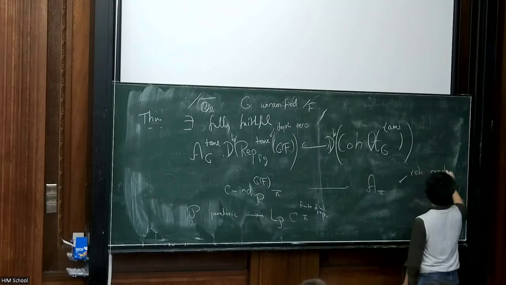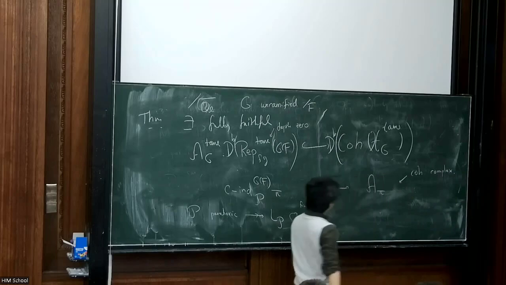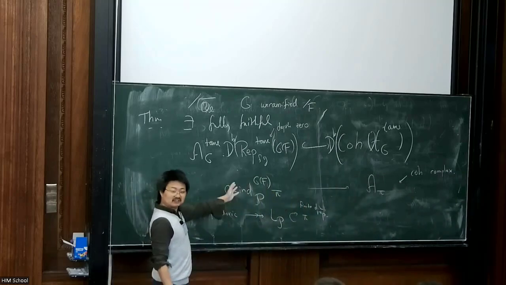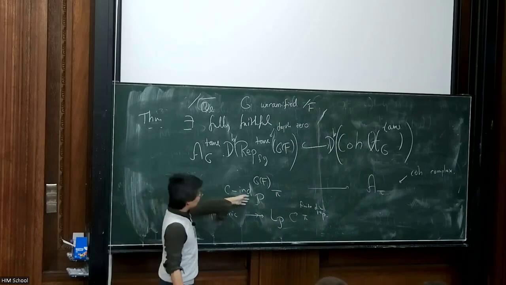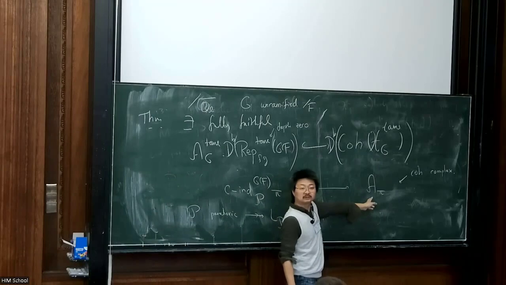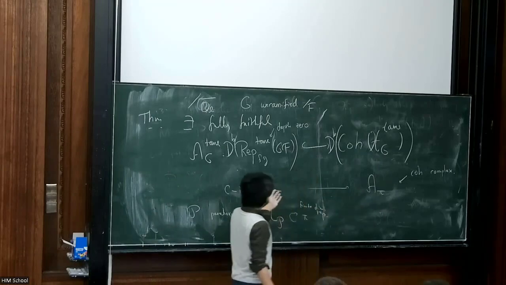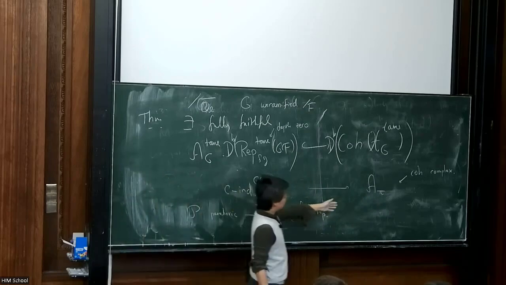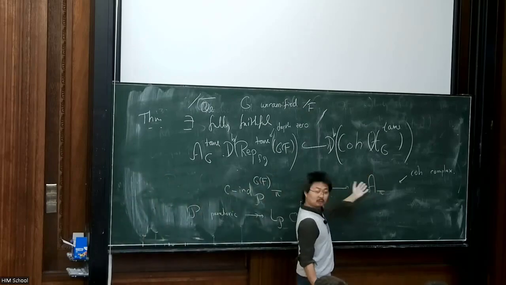A priori, this is a coherent complex. But whatever it is, if this functor is fully faithful, that means the endomorphism algebra of this object will be the same as the endomorphism algebra of the other object. Therefore its endomorphism will be some Hecke algebra.